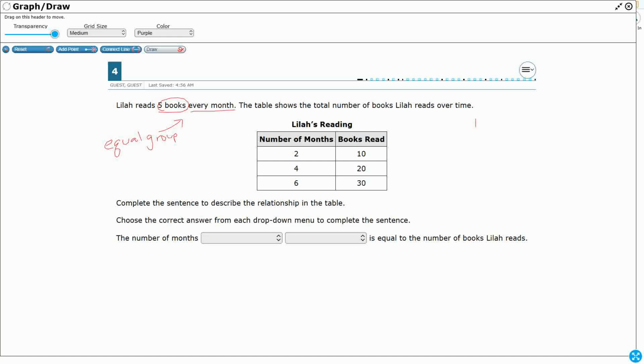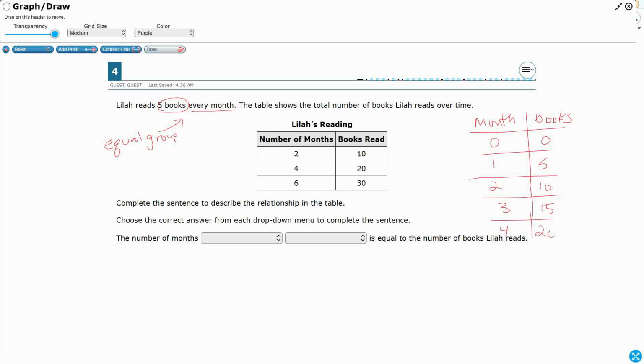So if I were to go and create my own table and not skip, we would see that at 0 months, well, we haven't read anything. At 1 month, we read 5. At 2 months, we read 10. At 3 months, we read 15. So it looks like we're going up by 5.